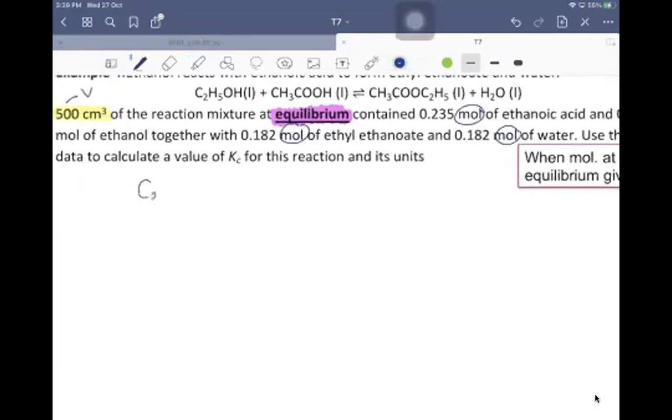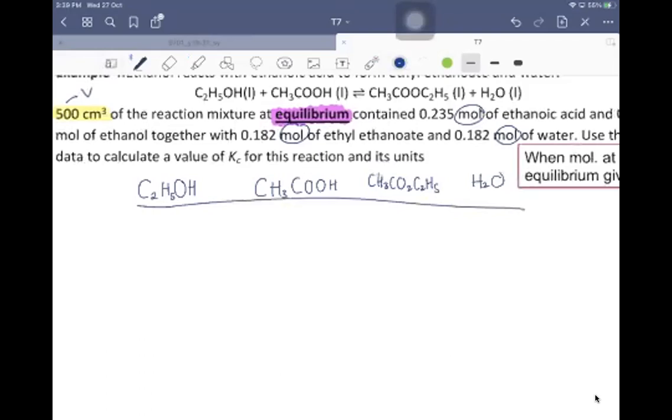I'll start with the ethanol, C2H5OH, and then another column for the ethanoic acid, one column for the ester, and another column for water. I would just jump straight to finding the concentration. Make sure that the concentration is at equilibrium.